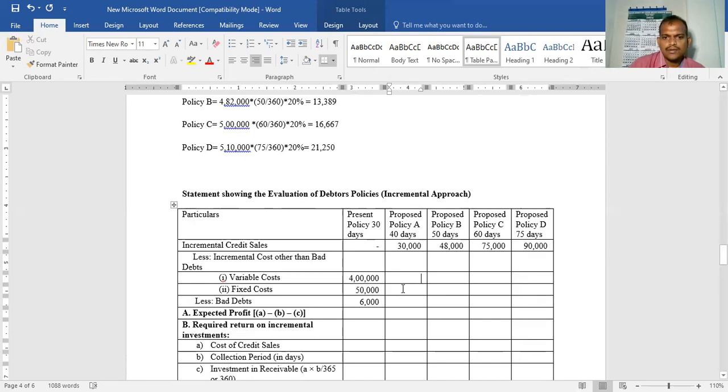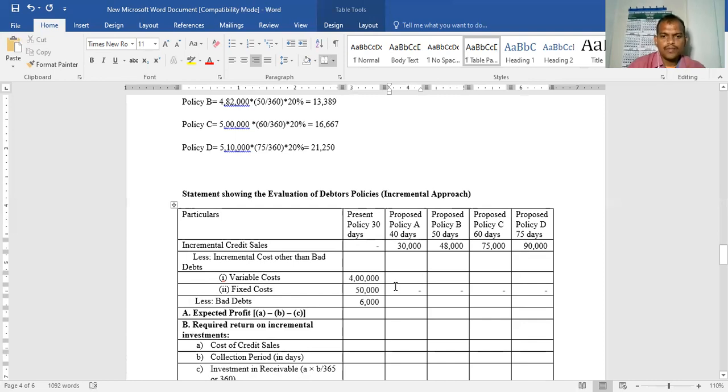Coming to the fixed cost, even though there is a change in sales volume, fixed cost will be constant. So there is no incremental fixed cost, but here we have to mention the incremental variable cost.